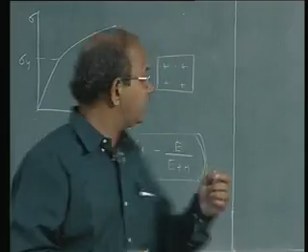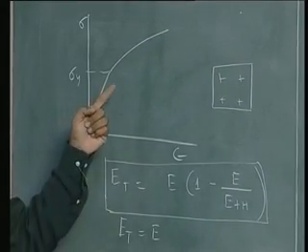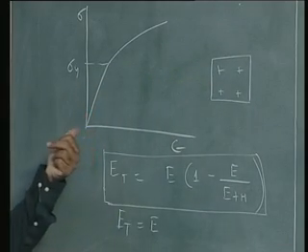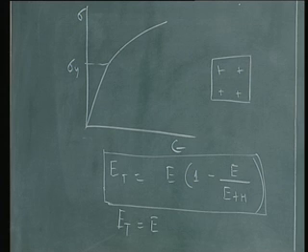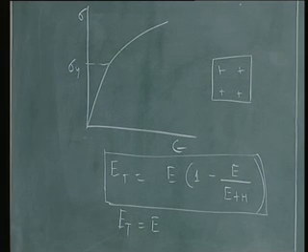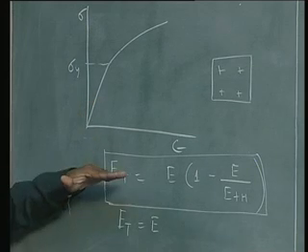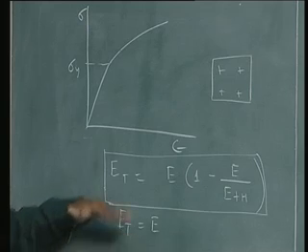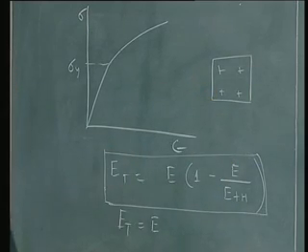So, we will be monitoring continuously where the element is, or in other words where the Gauss point is with respect to the stress strain curve. Once we know that for this Gauss point the material is in the elastic region, then we will not use this equation, but we will use E, going back to the stiffness matrix for the elastic case.